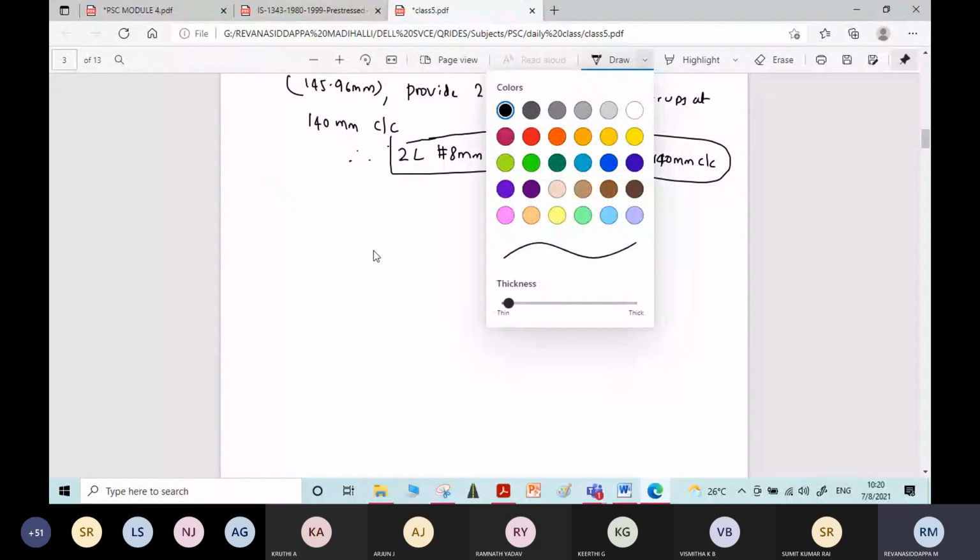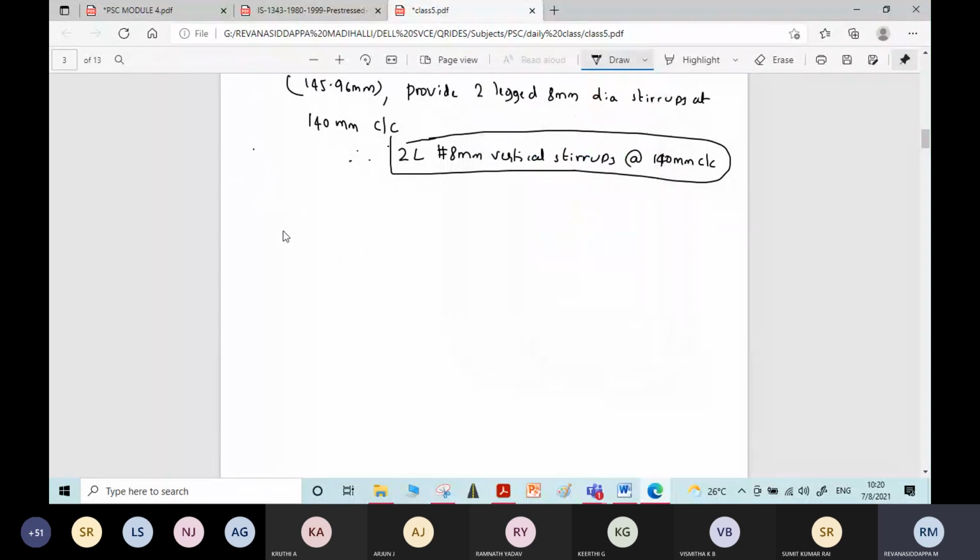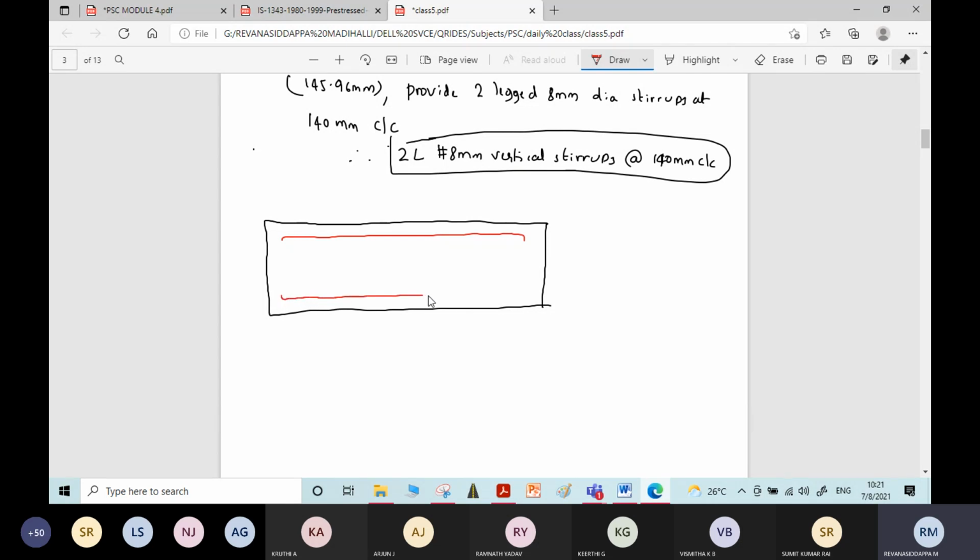As for reinforcement detailing, these are the main bars.